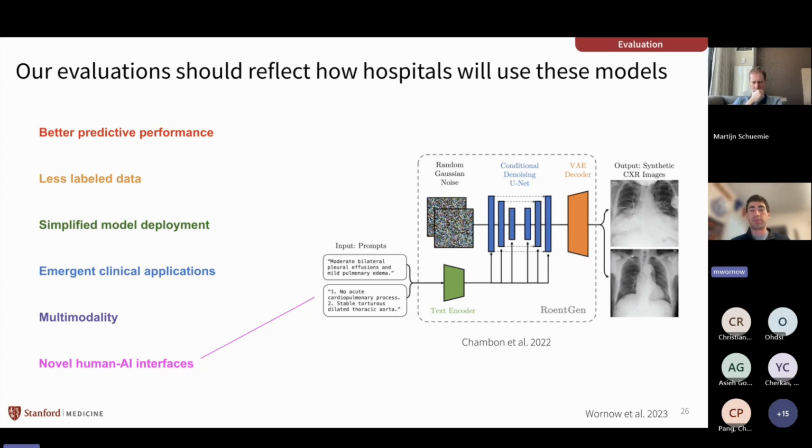It tries to predict whether a patient will go into septic shock or not, and the output of the model is some score from 0 to 1 or whatever. The way it gets displayed to the user is an alert or a flag in the EHR: hey, heads up, this patient might have sepsis, something like that.